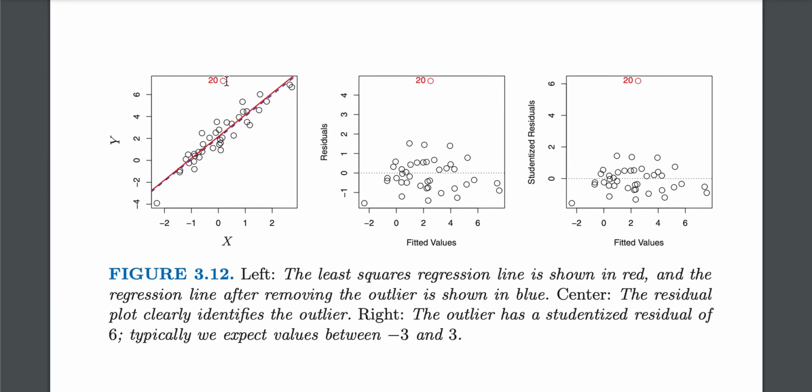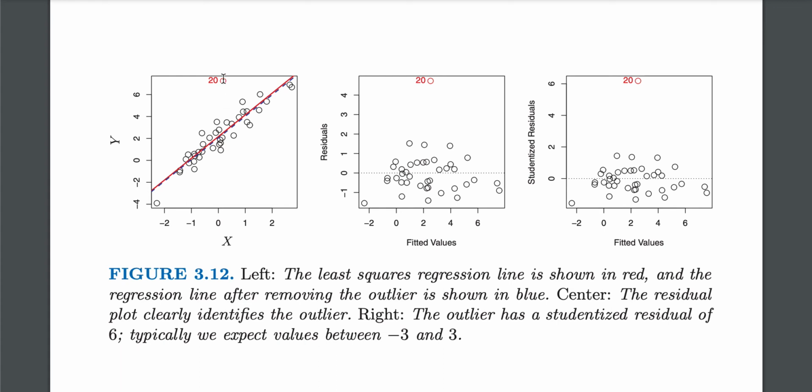We see this observation 20, and we have a line, the red line is the least squares line, the dashed blue line is the line obtained after removing 20. 20 is an outlier, as we can see, because these observations are concentrated more or less around this line, and 20 is away.